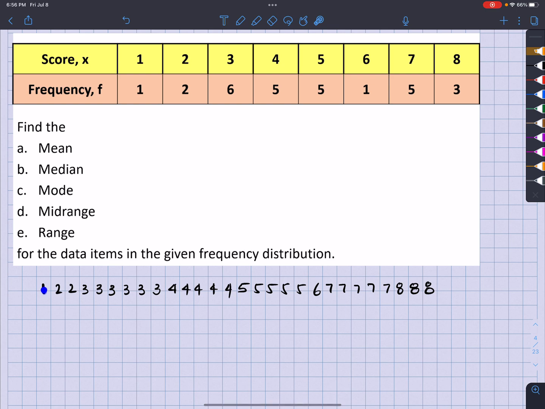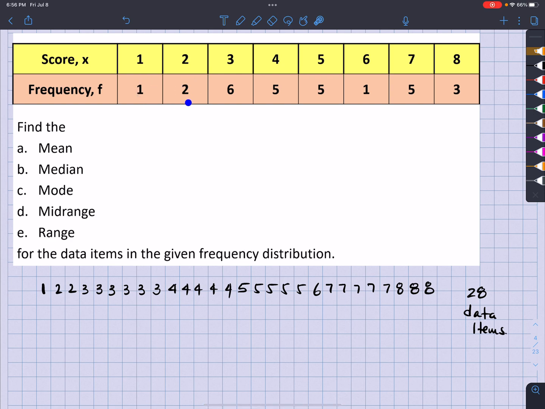So I got 1, 2, 3, and so on up to 28. So it tells me that I have 28 data items.